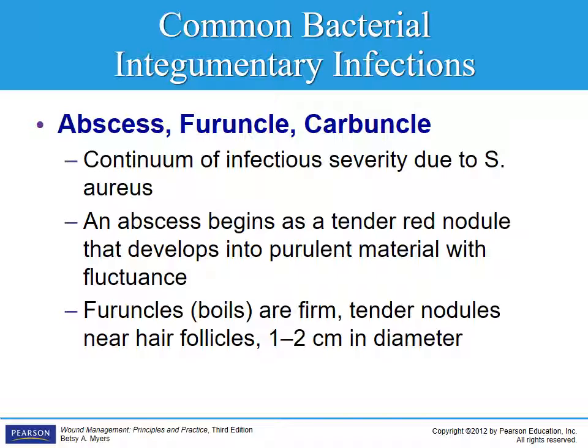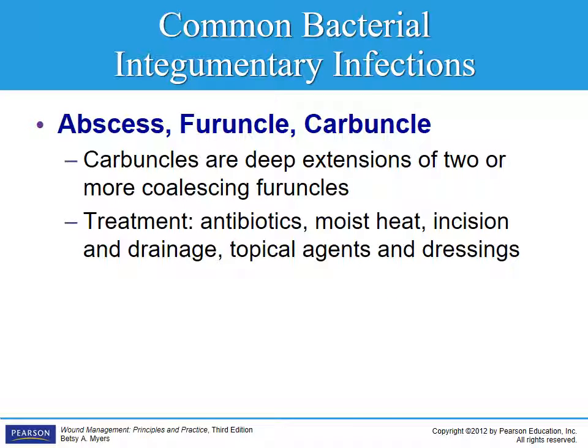These are often called boils. So they're firm, tender nodules near hair follicles, and they can be 1 to 2 centimeters in diameter. Often we would call these infected hair follicles, but it really is a furuncle or a carbuncle.